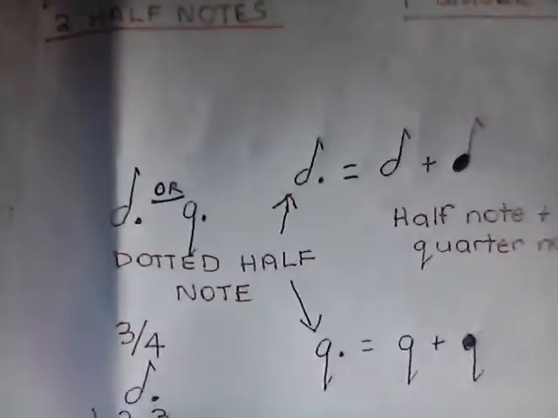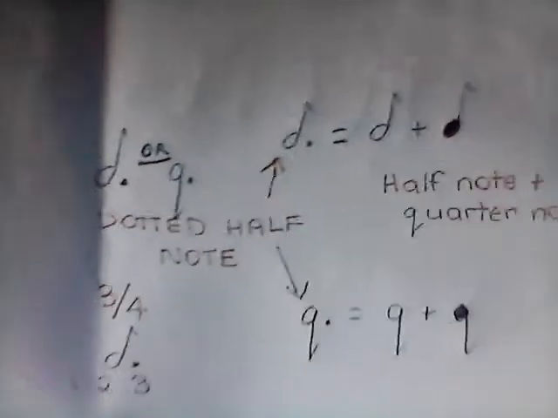Then we have what's called dotted half notes. Now, a dotted half note is usually a note, and I will show you what I mean. It represents 3/4, so 1, 2, 3. I'm going to show you down the bottom so you can see what I mean.